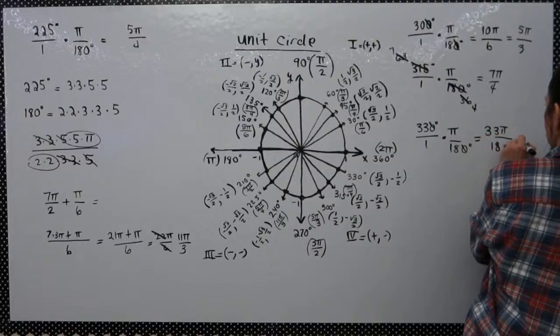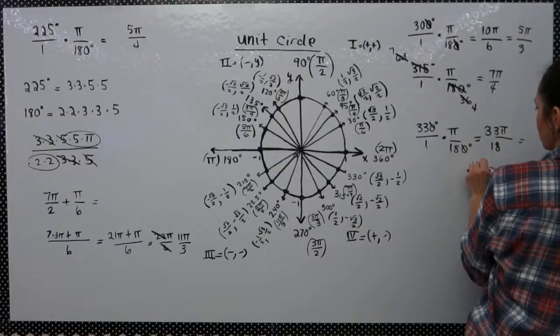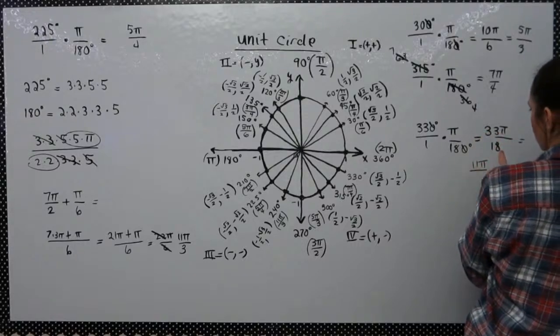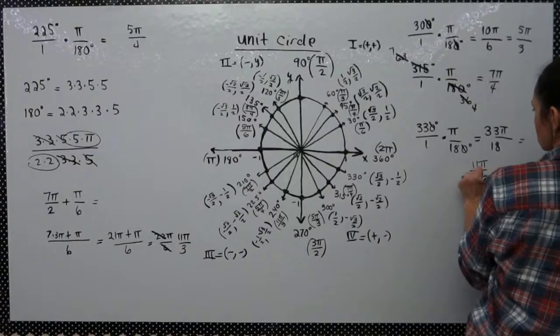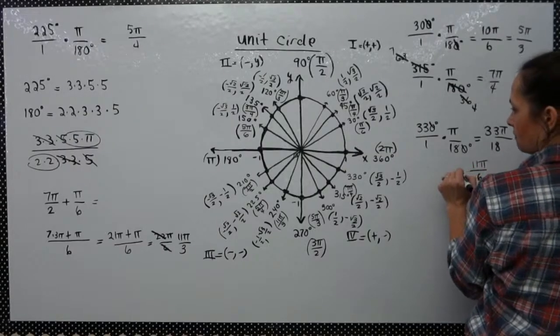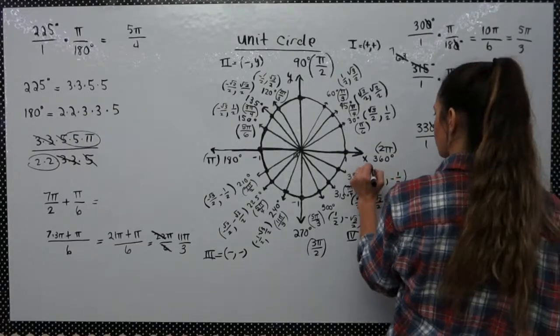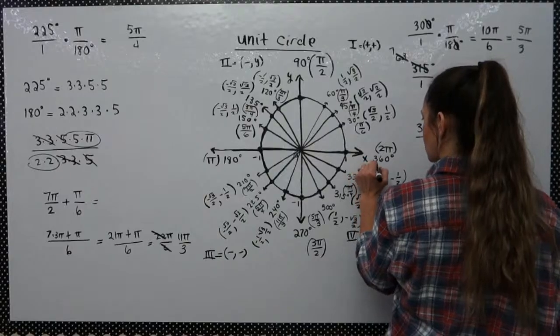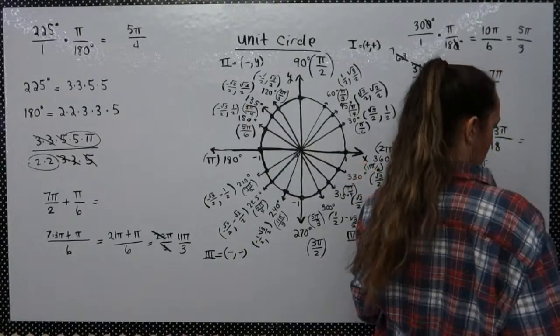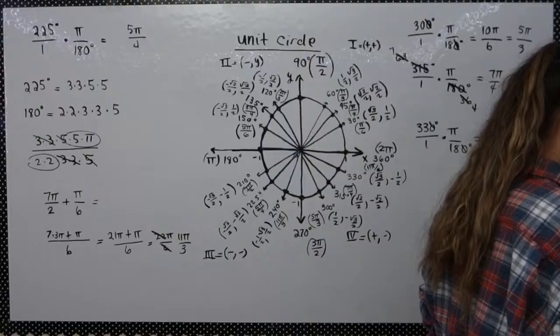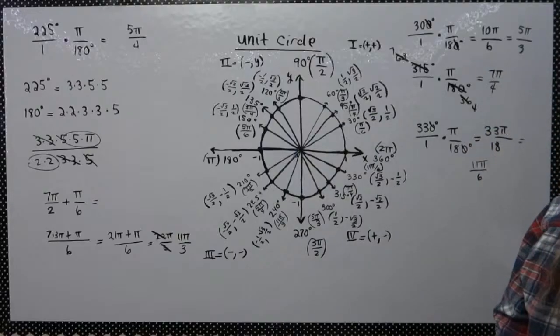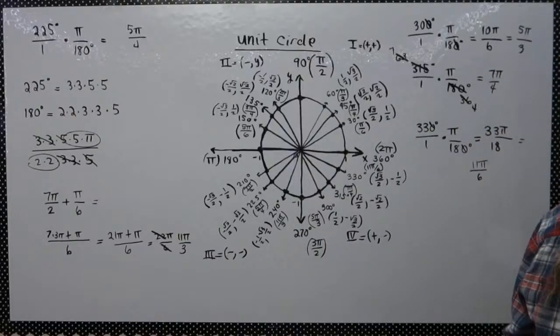They both divide out by 3, so that's going to be 11 pi over 6. 11 pi over 6, does that sound right? And then what I really want to do is pull up a unit circle and check my math and see how I did. Let me look it up real quick and then we'll end it.